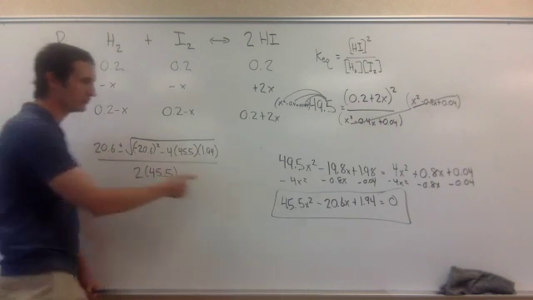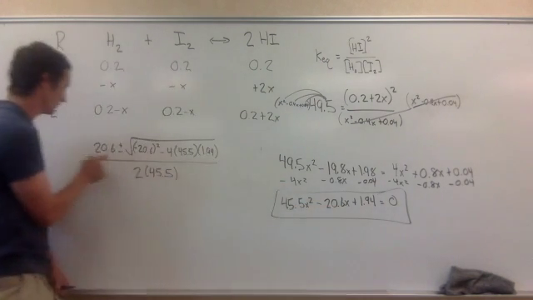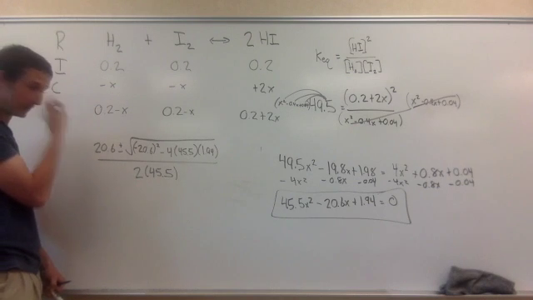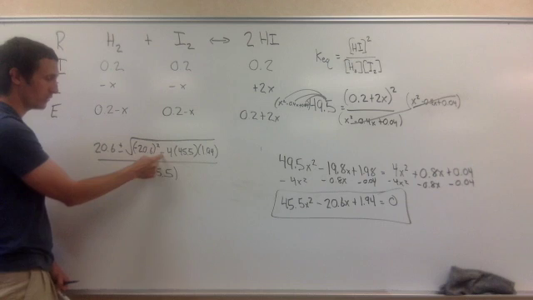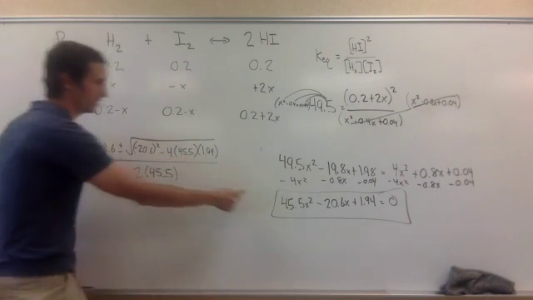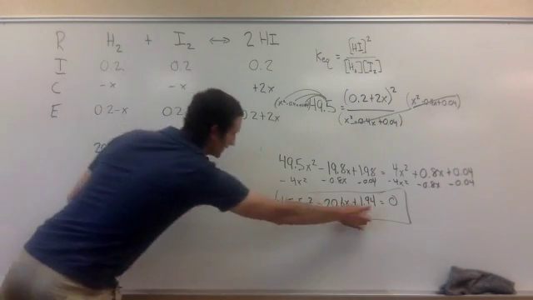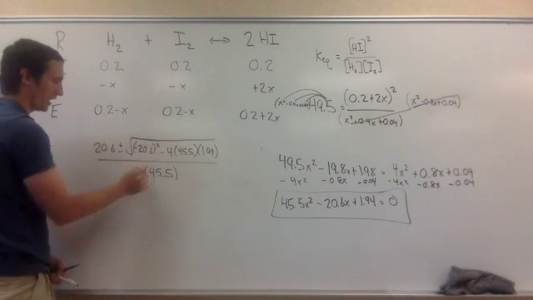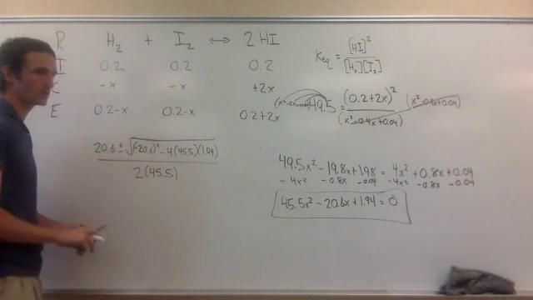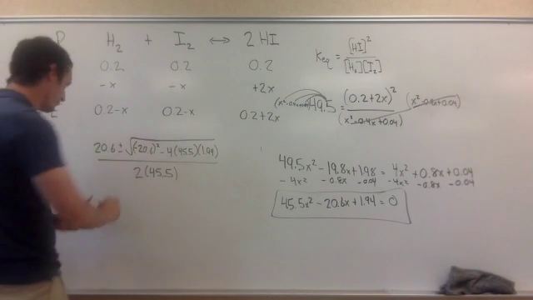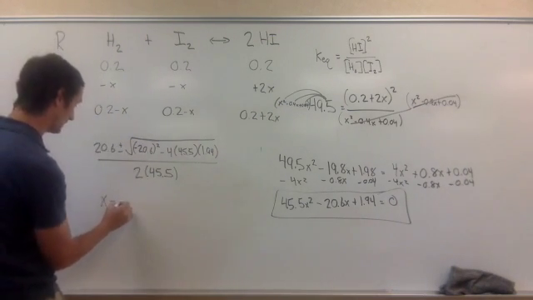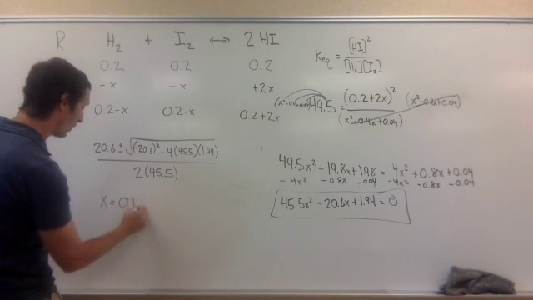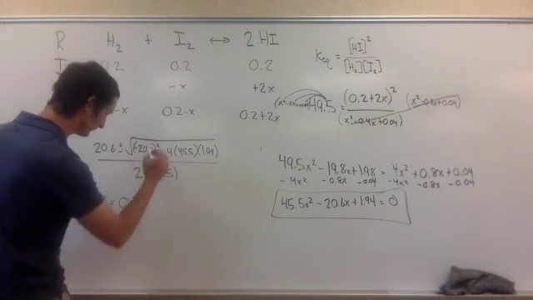Negative b, so I took that and just flipped to make it opposite, plus or minus the square root of b squared minus 4ac divided by 2a. And so I got x is equal to, here, 0.133.